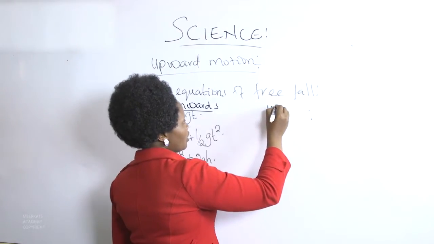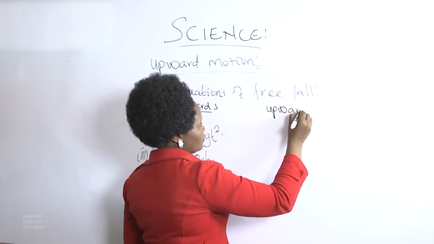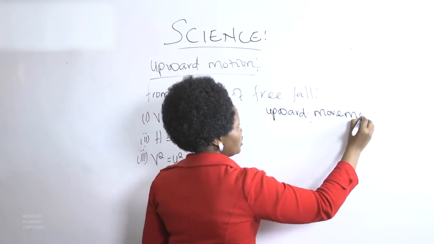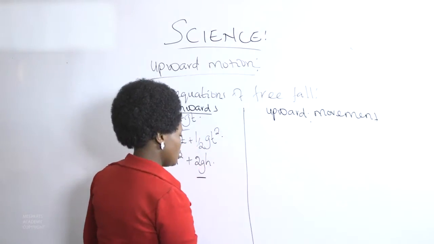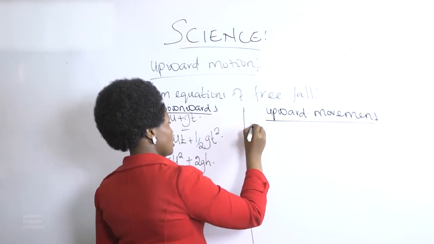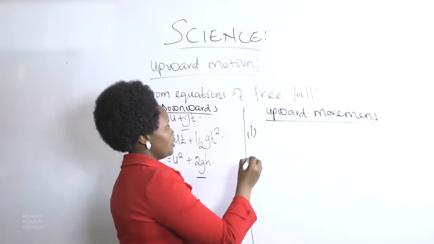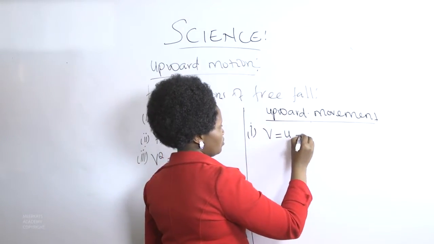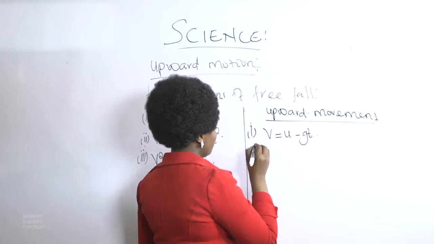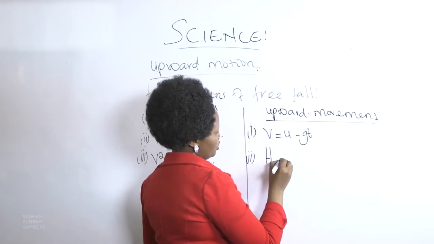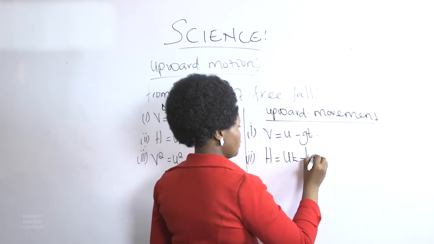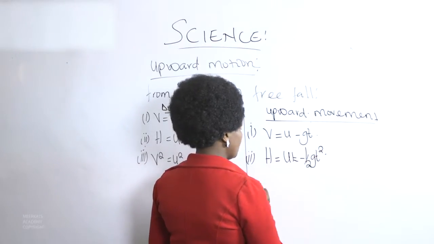And if you are talking about upward movement, then the equations to apply include 1, v is equal to u minus gt. Number 2, h is equal to ut minus a half gt squared.